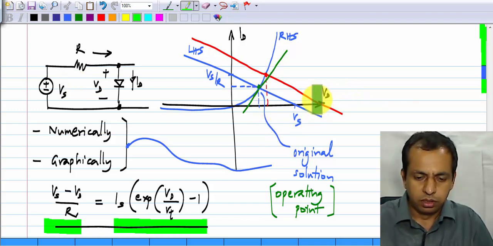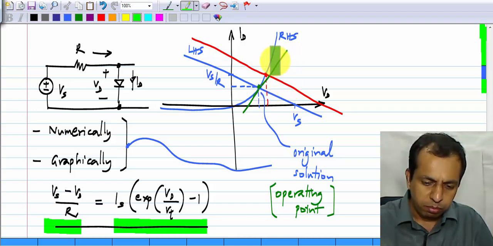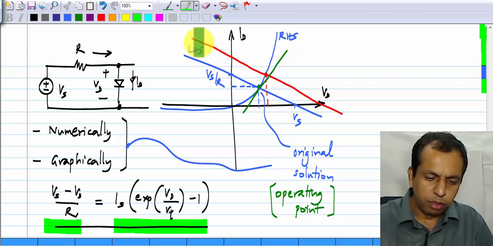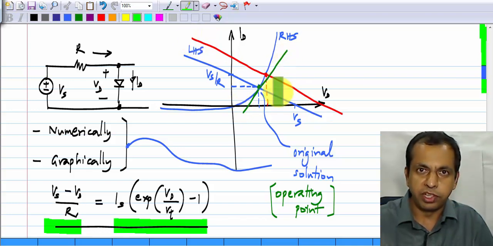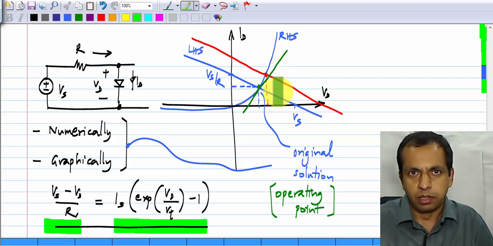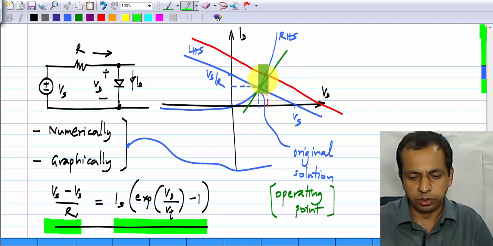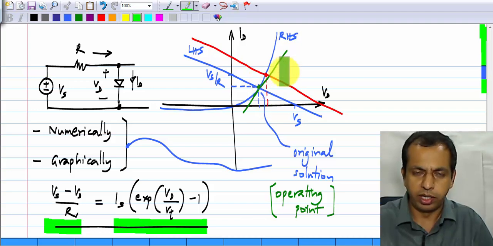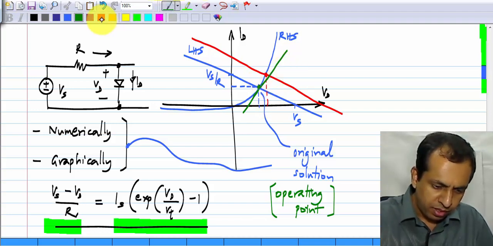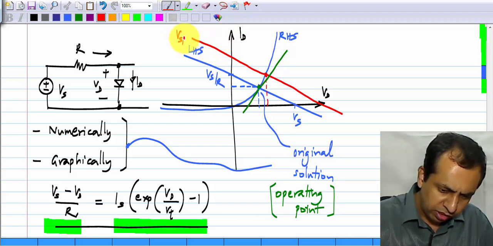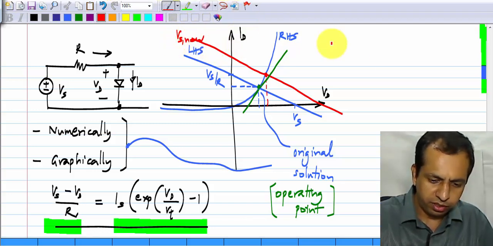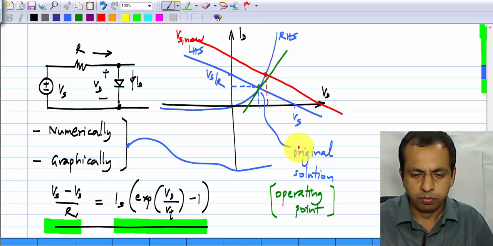So, now how does this help? Because you know this is a straight line. For all other points, we are computing intersection of two straight lines, and this is very easy. In fact, we do not even have to calculate the intersections explicitly. I will show the method by which we will do that. Because when Vs changes to this, corresponding to the red curve, the actual solution is that one.